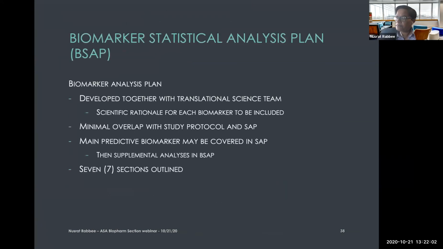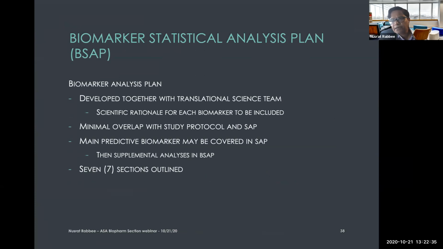So a biomarker analysis plan is something that I really recommend that you develop. You should be the person developing this, and again, in collaboration with your colleagues. You will develop this with your translational science team, clinical science team. The scientific rationale for each biomarker should be included. If it is being measured and paid for and the data is coming in, there has to be a scientific rationale.